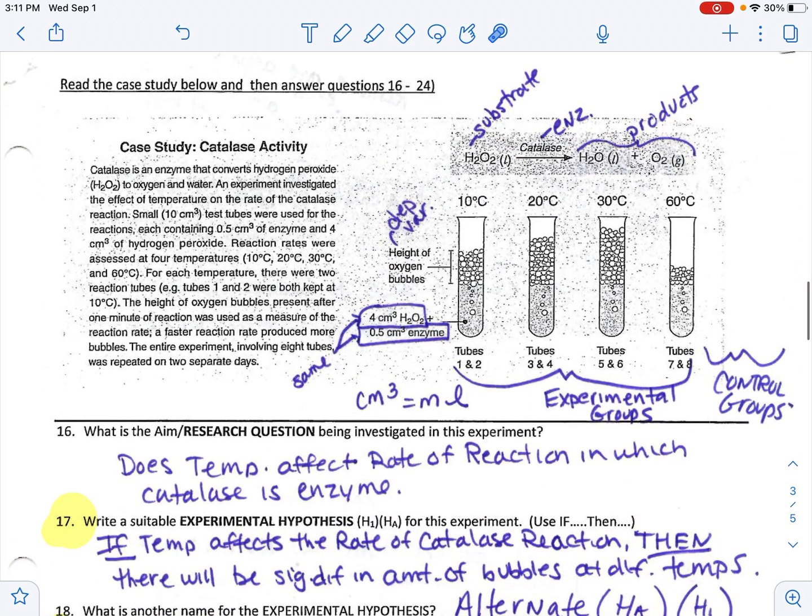So this was the one, if you read through, where it talks about negative controls. So in each tube, we put the same amount. We put 4 milliliters of hydrogen peroxide. Centimeters cubed is the same as milliliters. So the substrate is peroxide. You might remember enzymes from freshman year.